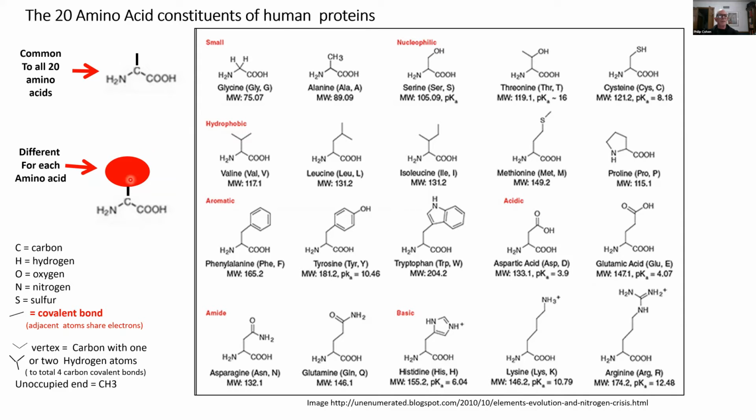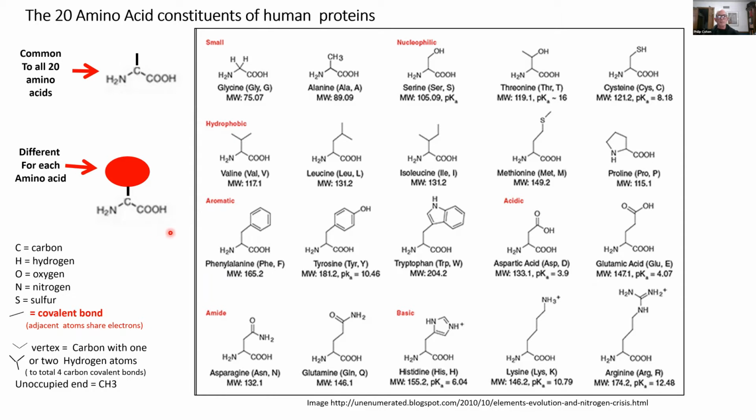By contrast, every single one of these amino acids has a different group that sticks out from this structure. So when these amino acids are put together in a chain, there are going to be all these different groups that have different chemical properties sticking out from the surface of that chain, in effect. Is that notion clear?